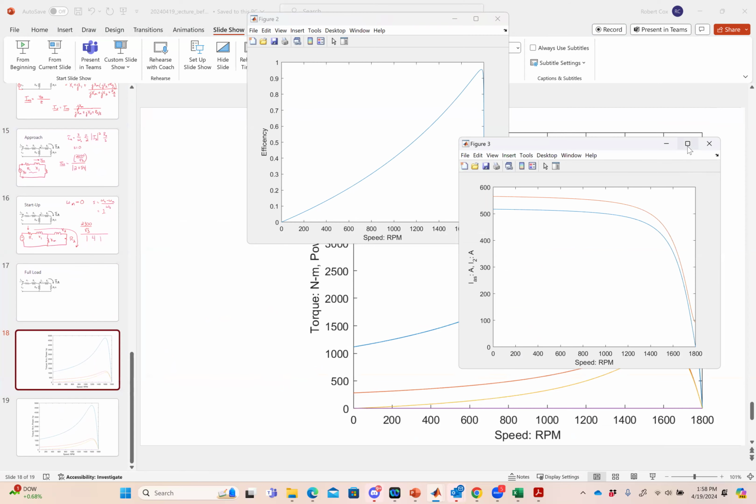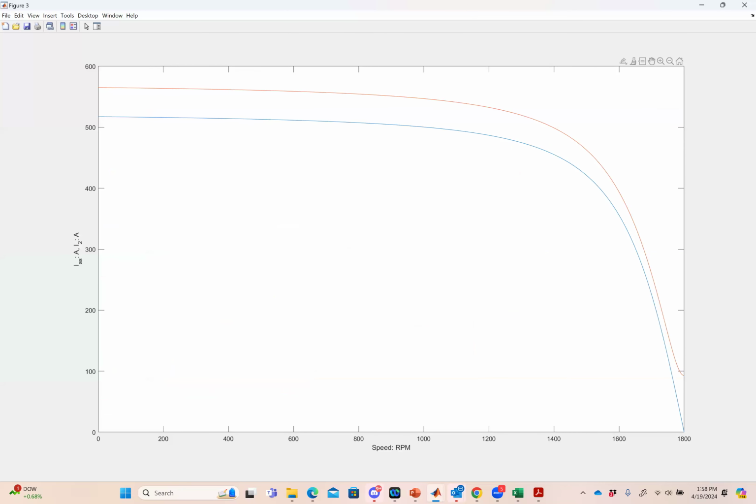Here we go. I showed two different things here. I plotted two different currents versus speed. My x-axis here is labeled in RPM. My synchronous speed for this guy was 1800. I got a blue curve and a red curve.